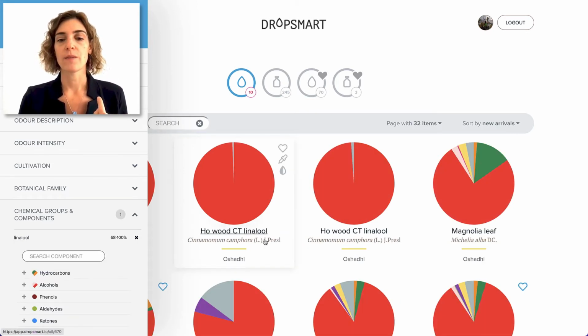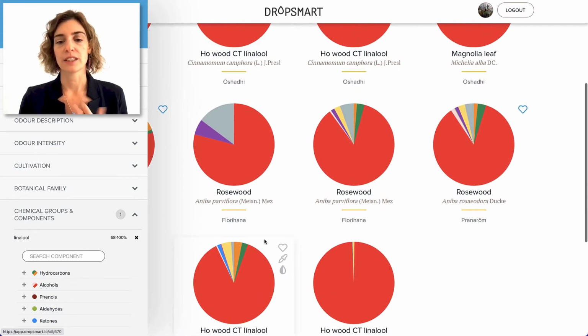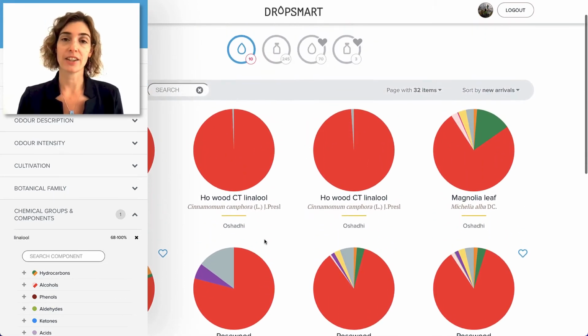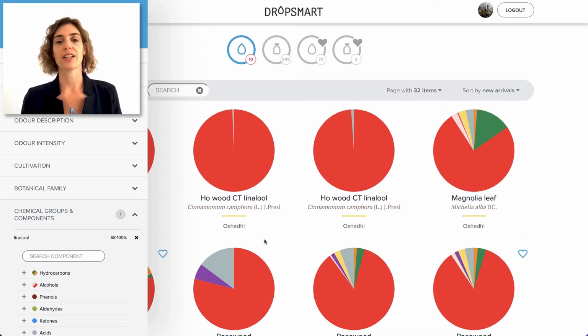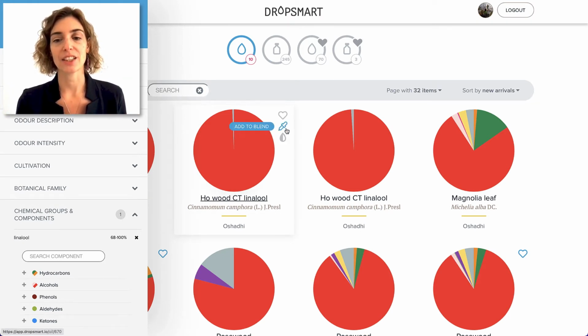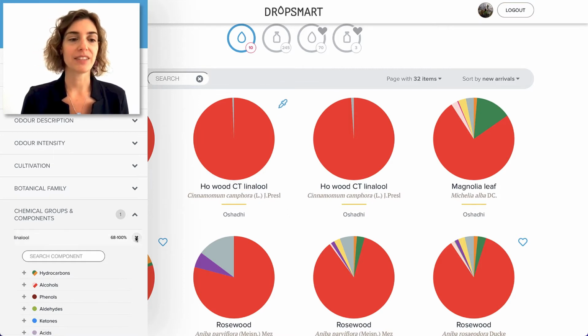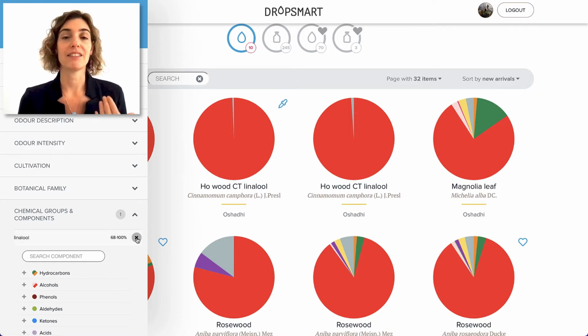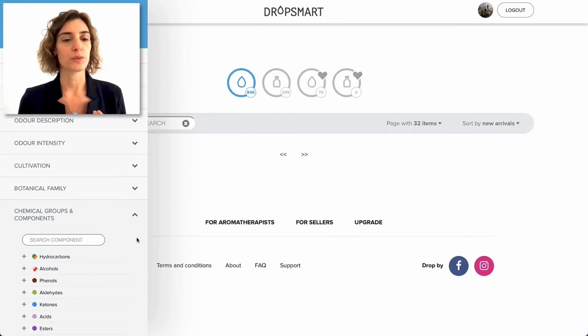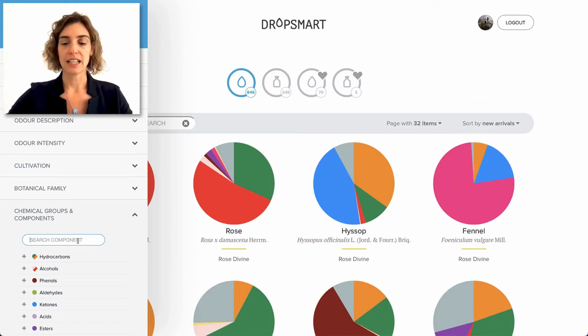So linalool offers a few oils, and this is another blog, so I suggest you take a look at the blog as well. I will use ho wood because it is the most ethical thing to do. Rosewood isn't, so I will add ho wood to the blend. It's a cheap oil and one that is very, very rich in linalool, so very easy to use. Next, we said limonene.